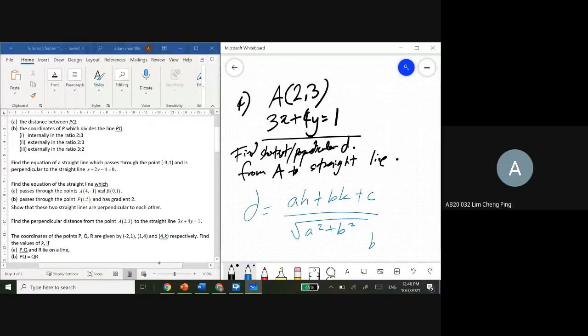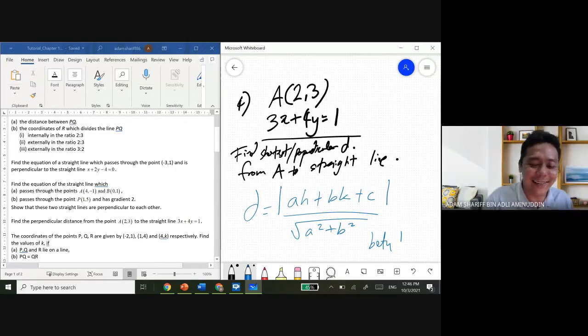Betul dia cakap. Dia ada modulus. Terima kasih kerana memberikan perhatian. It should have modulus here. So, if you have a negative value at the top here, di atas pecahan ni, kita kena positifkan. So dia kena ada modulus.